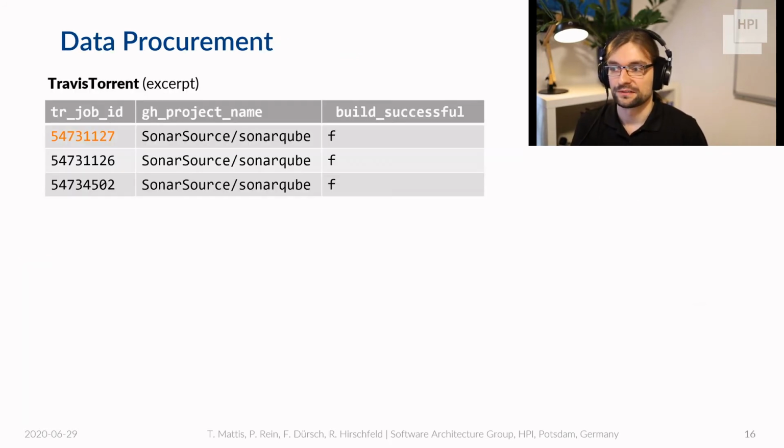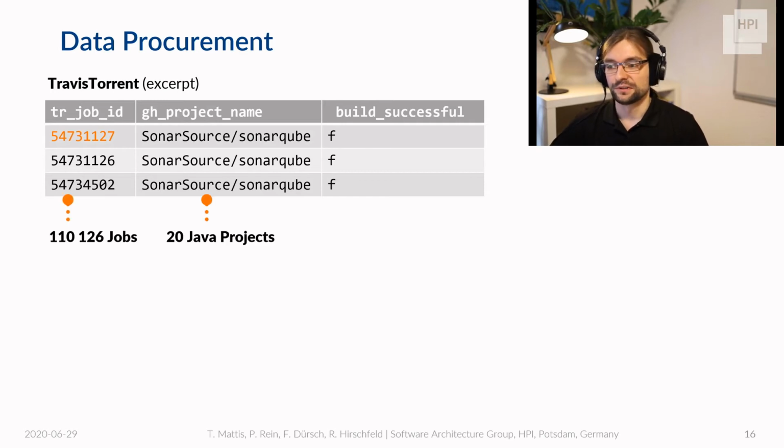So let's look at TravisTorrent in detail. While the TravisTorrent table has a lot of columns, what we're interested in is these 3 columns. We have a unique identifier for the Travis build job. We have a project name, and we know whether this build is successful or not. So based on that, we can decide which projects look interesting by selecting projects that have a lot of builds.